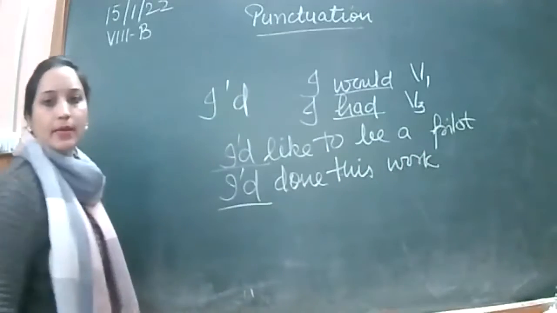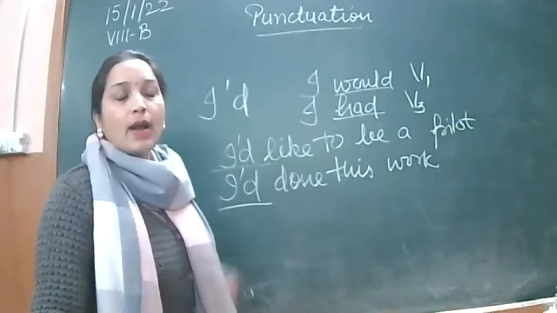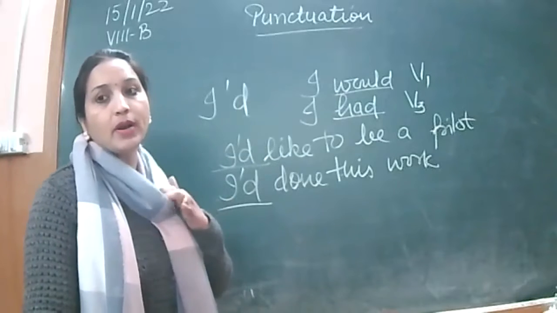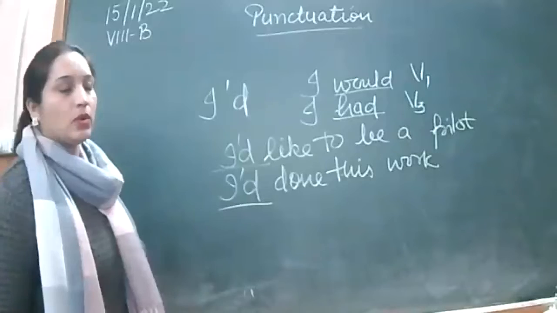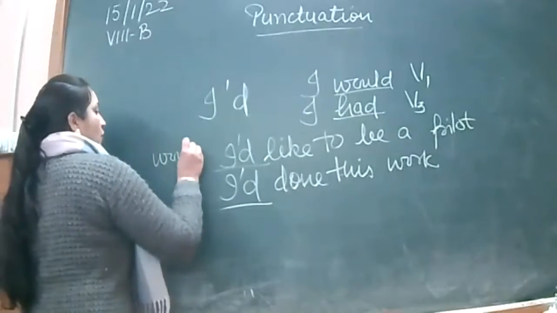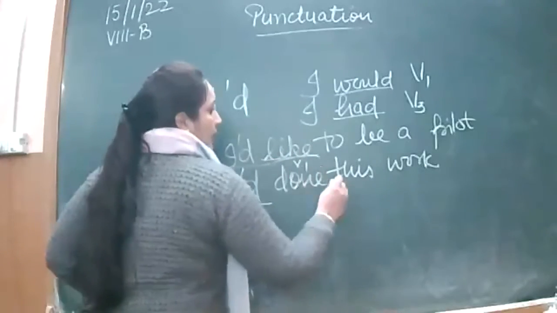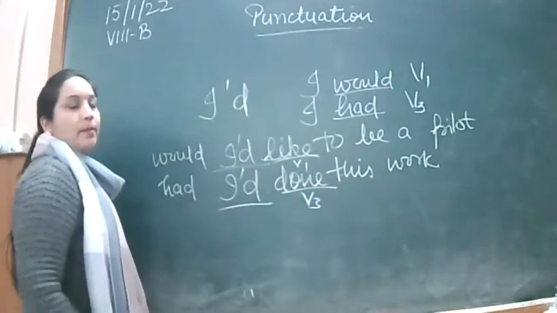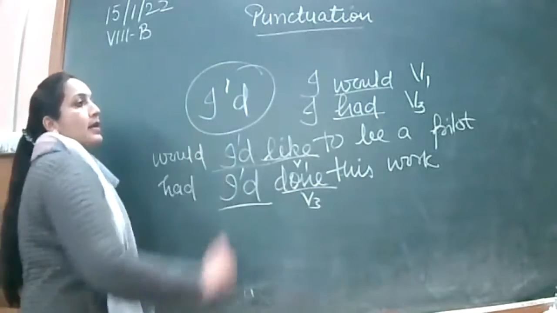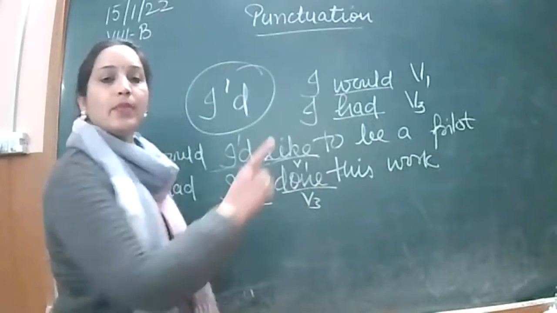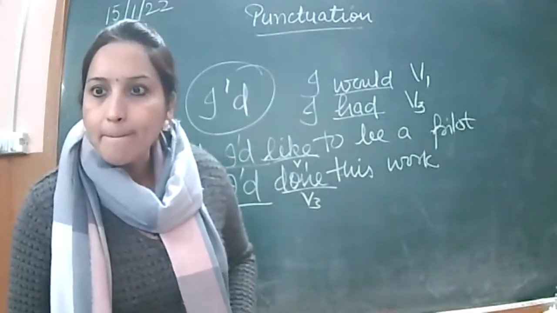Here it is had. I only added this so that you can enhance your knowledge while reading text. Here the first form is there and here the third form is there, but both short forms are like this, an apostrophe D. I plus would, I'd; I plus had, I'd.